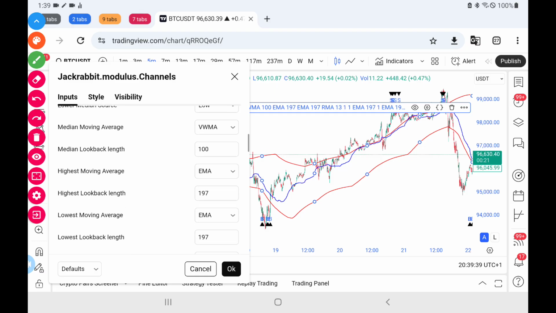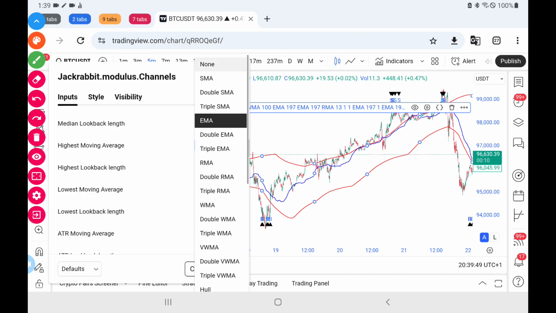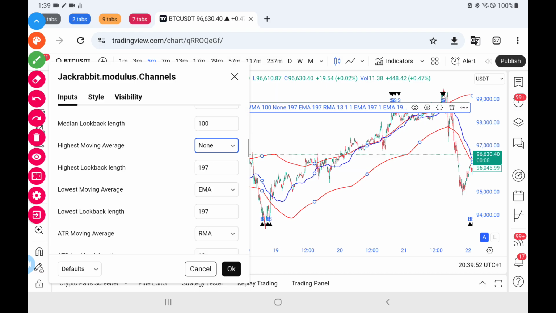interesting parts. So right now I have a high moving average of EMA. What if I set it to none? Well, we begin to see something like an algorithmic support and resistance, where the highest highs and lowest lows are tracked.